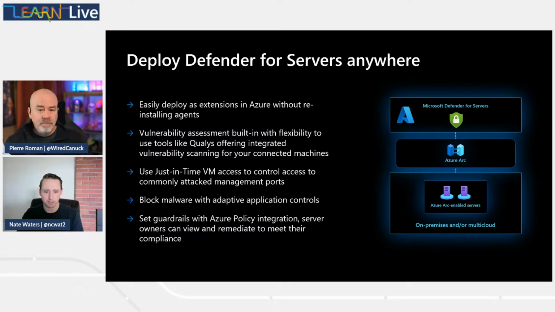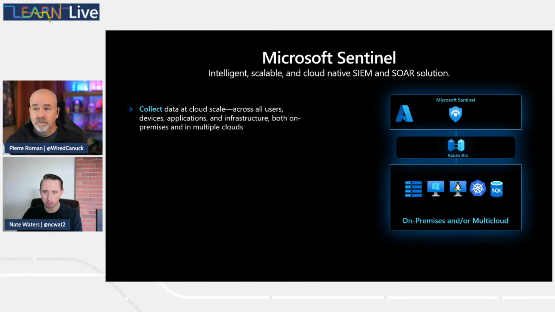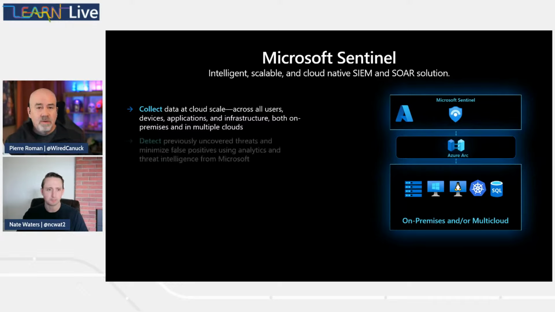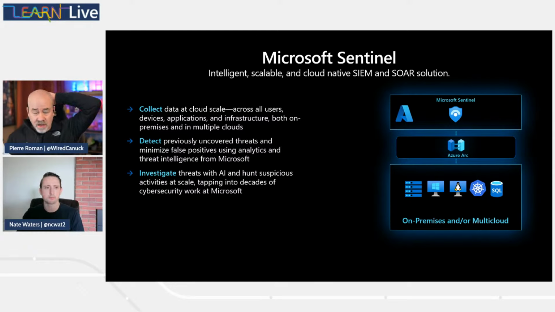And that also leads us into the pairing that we see very commonly, which is Microsoft Defender for Cloud paired with Microsoft Sentinel. So Pierre, do you want to tell us about Sentinel and how it works and how customers are using it? Well, Sentinel is a SIEM.